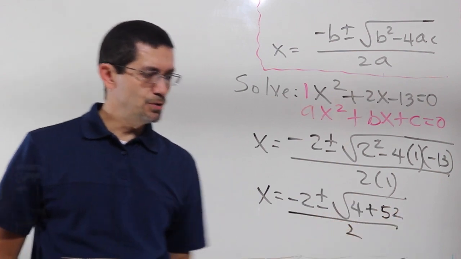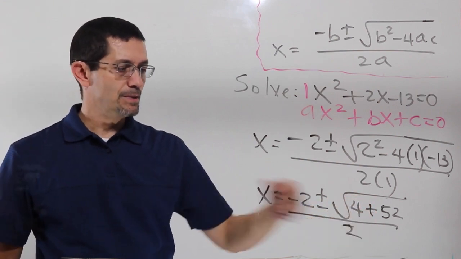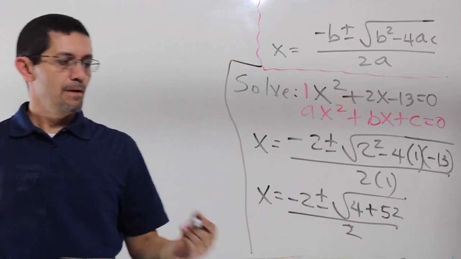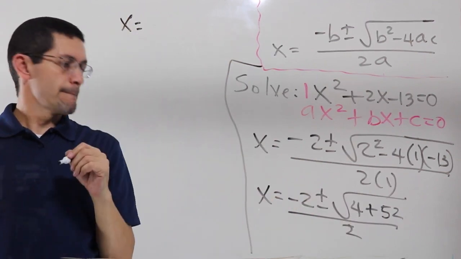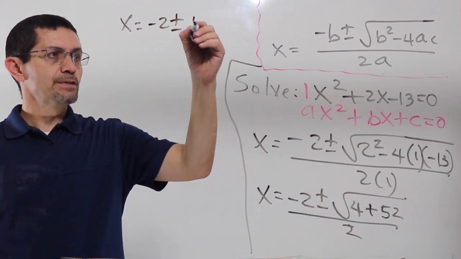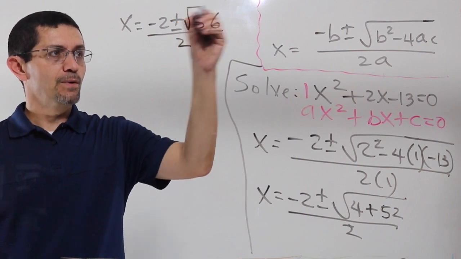Everything over 2. Okay? Now I have to keep going on the radical. So I have negative 2 plus or minus the square root of 4 plus 52, which is 56. Everything over 2.